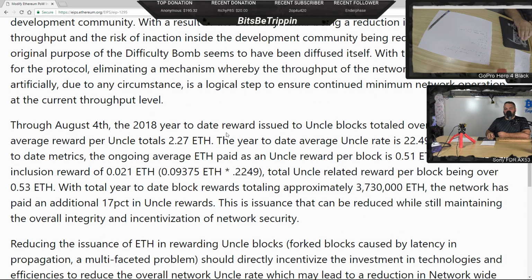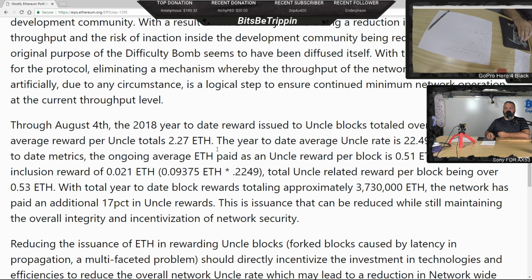In uncle rewards. Through August here, the average reward for an uncle is 2.27. The year-to-date uncle rate is 22%. So what they're saying here is based on their calculations of looking between these dates, 635,000 uncle rewards were induced into the Ethereum network.